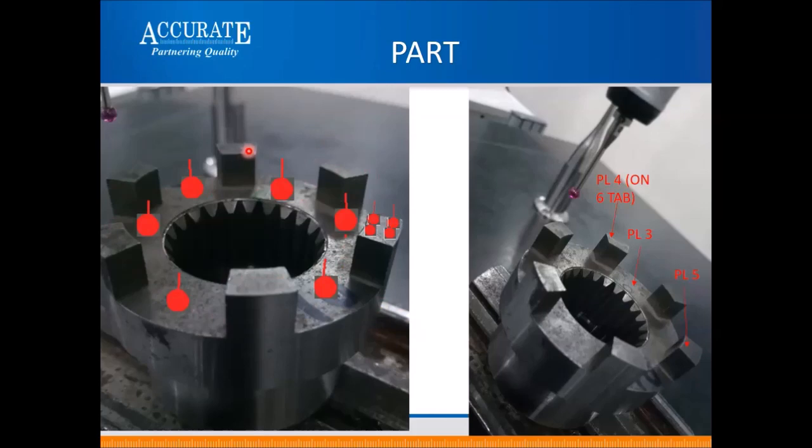So on each tab, measure 1 point, and I would tell you, here I measure, that plane is plane 4, and this bottom plane is plane number 3.